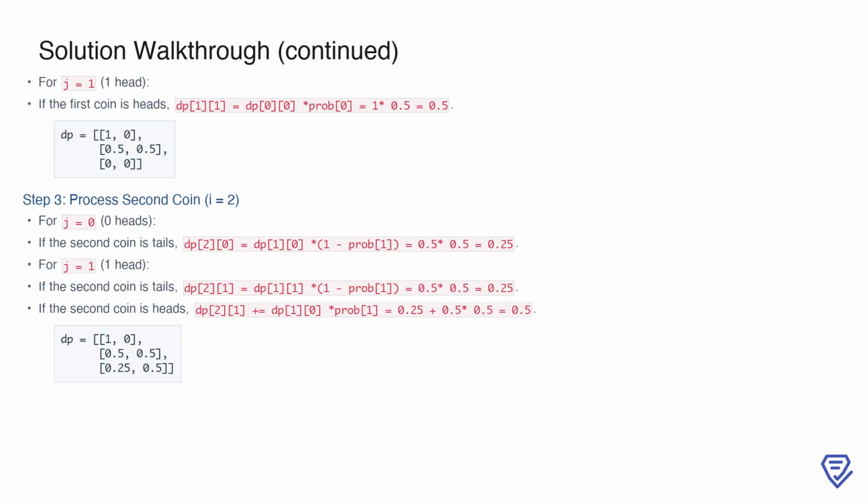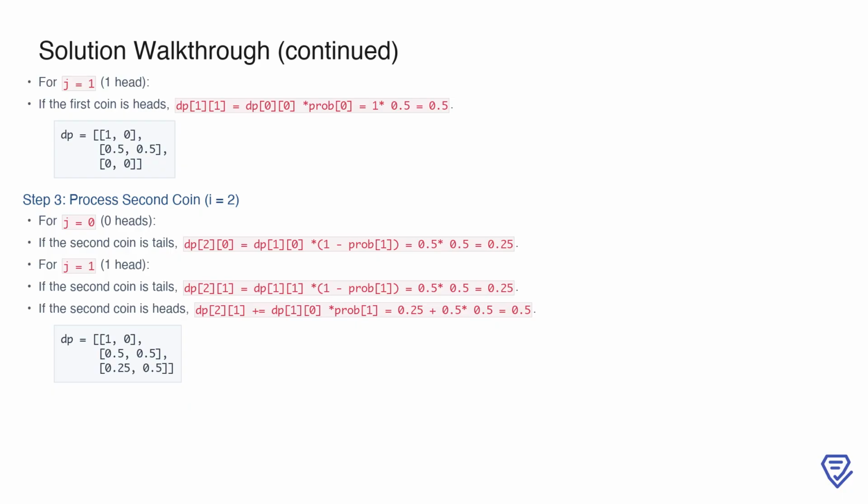If the first coin lands heads, the probability is given by dp[1][1] equals dp[0][0] * prob[0]. Using the values, we compute dp[1][1] equals 1 * 0.5, which equals 0.5. At this point, the table updates to reflect these probabilities. dp[1][0] is 0.5 and dp[1][1] is also 0.5.